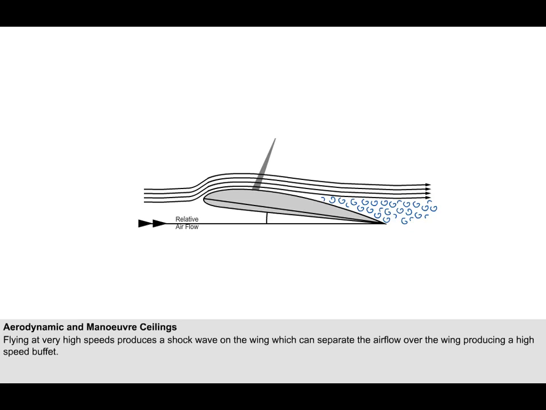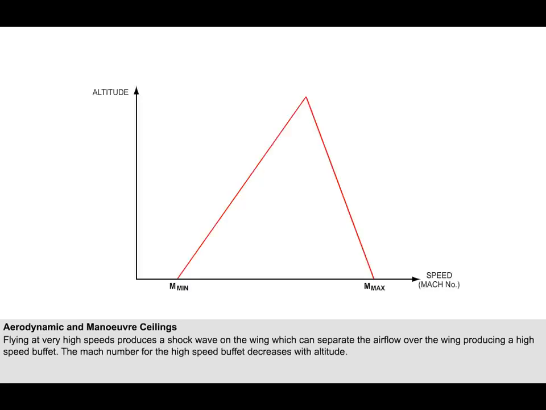Flying faster than this speed may cause a high-speed shock stall in an aeroplane whose wings are not designed to overcome such effects. The Mach number for the high-speed buffet decreases with altitude, as shown. This speed is commonly abbreviated to M-max.